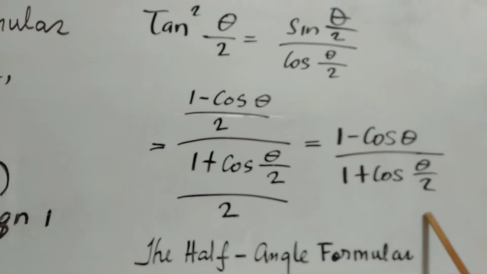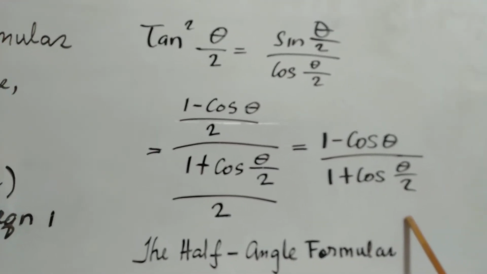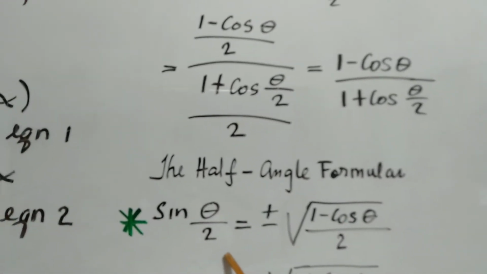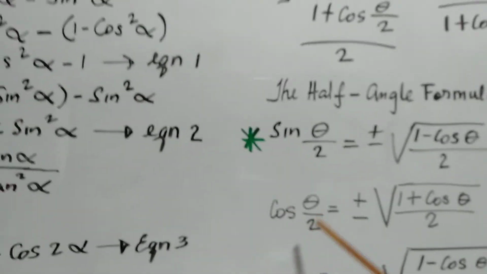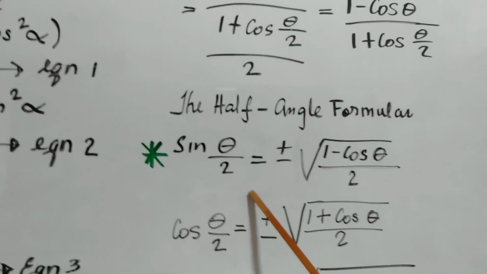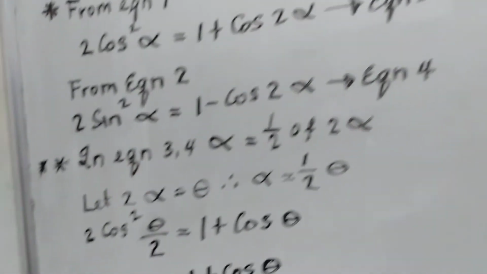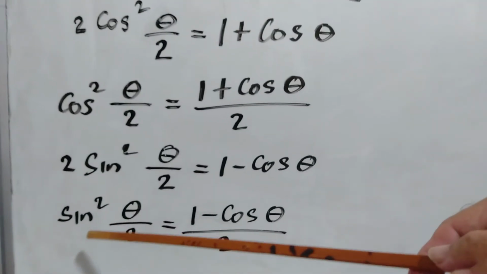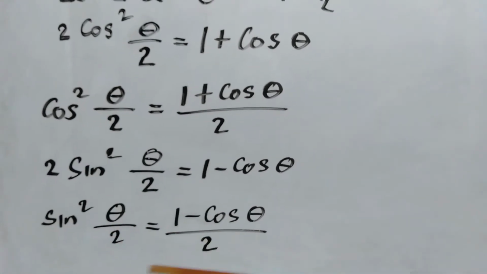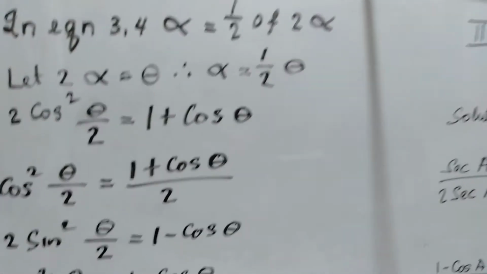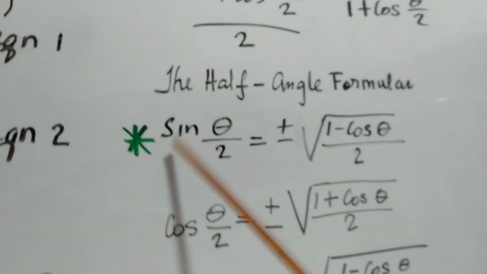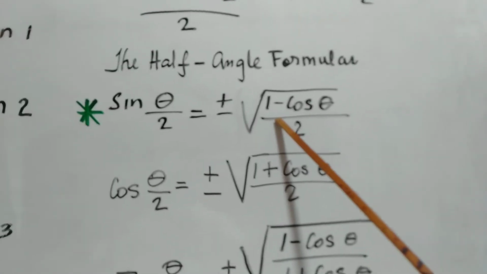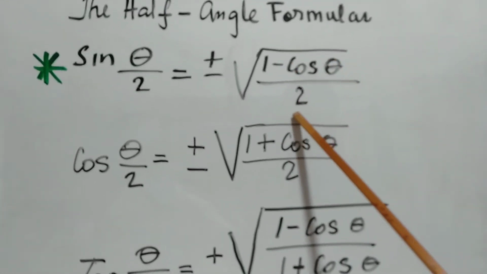So, for sine theta over 2, the half-angle formula as we have derived, this one is sine squared, so we just get the square root of both sides of the equation. We will now get the half-angle formula: sine theta over 2 is equal to plus or minus the square root of 1 minus cosine theta over 2.